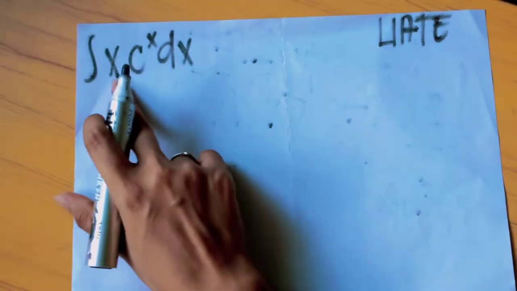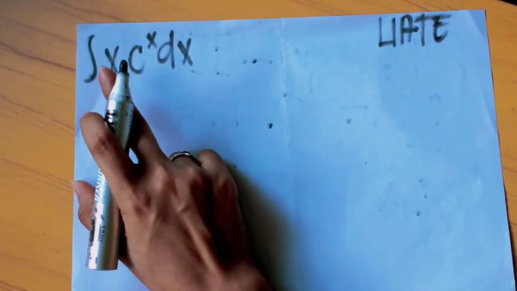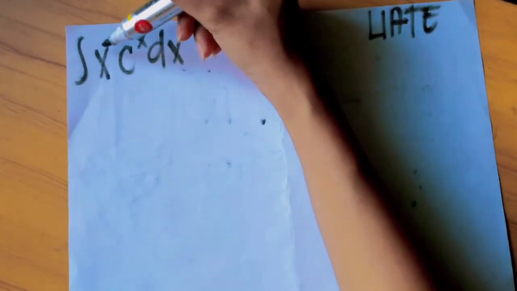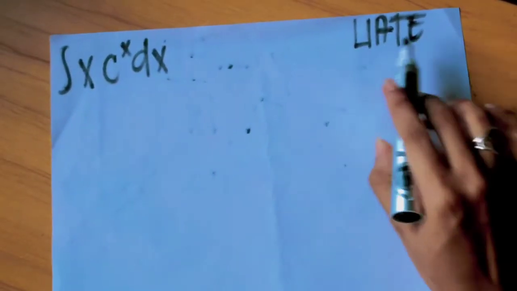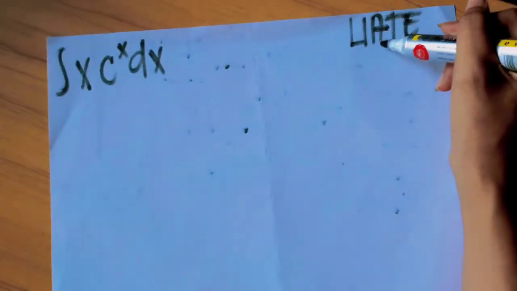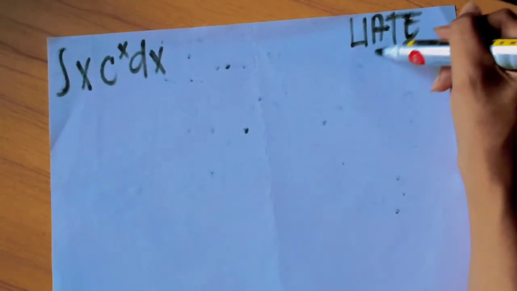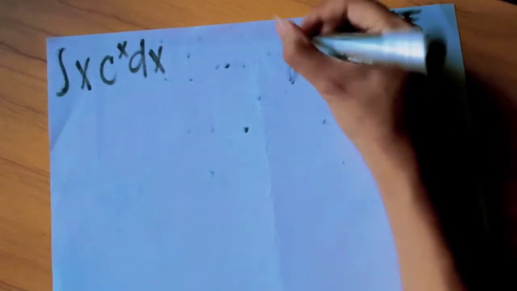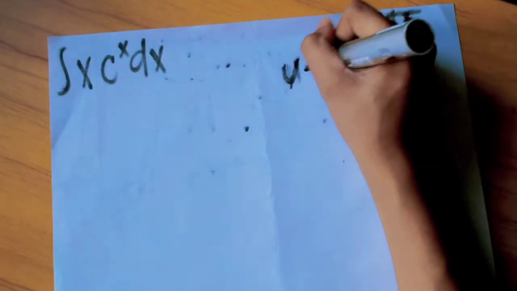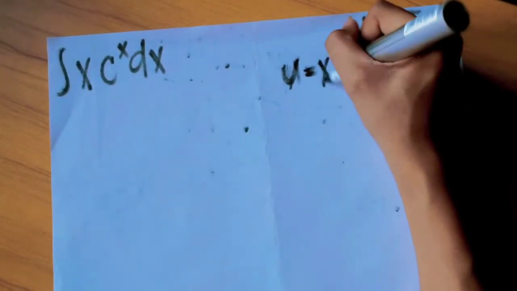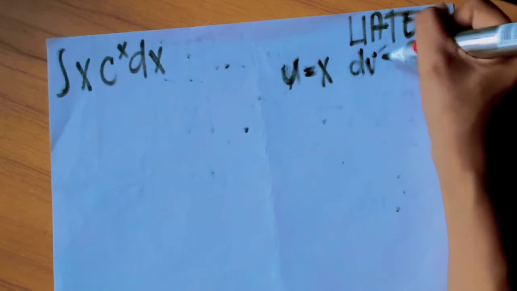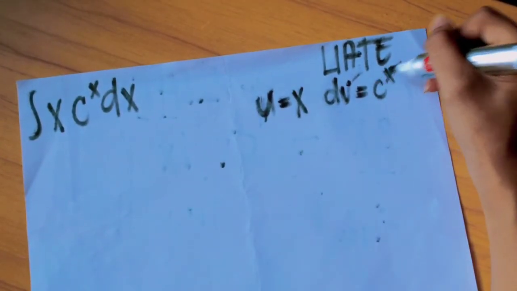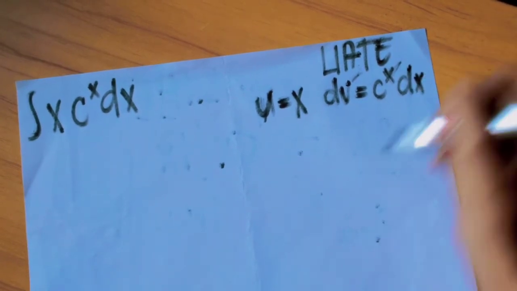We all know that it is algebraic and this is exponential. Based from LIATE, mauna yung algebra than exponential. So, let u as x, then dv is e raised to x dx.